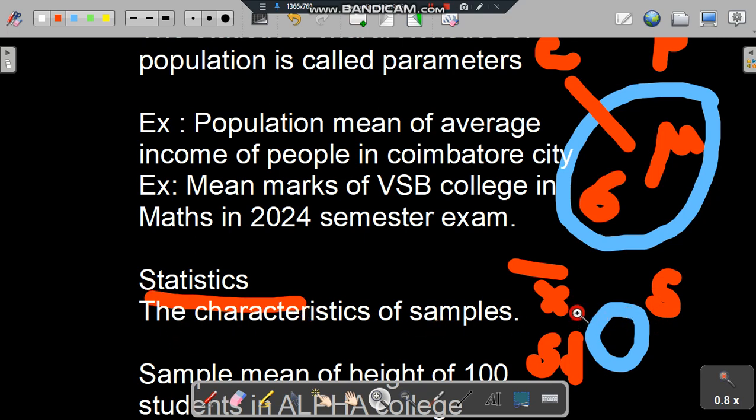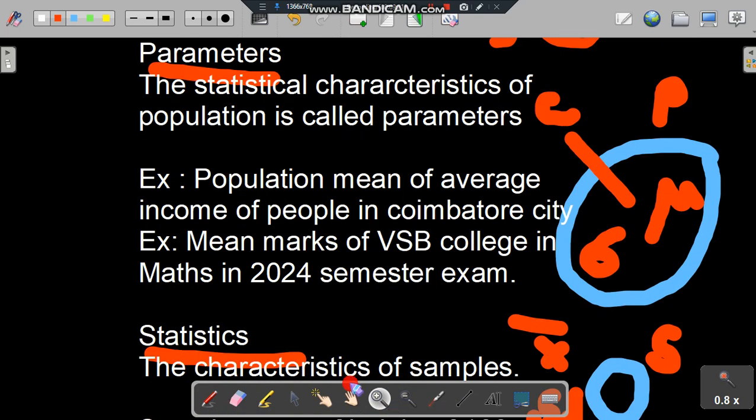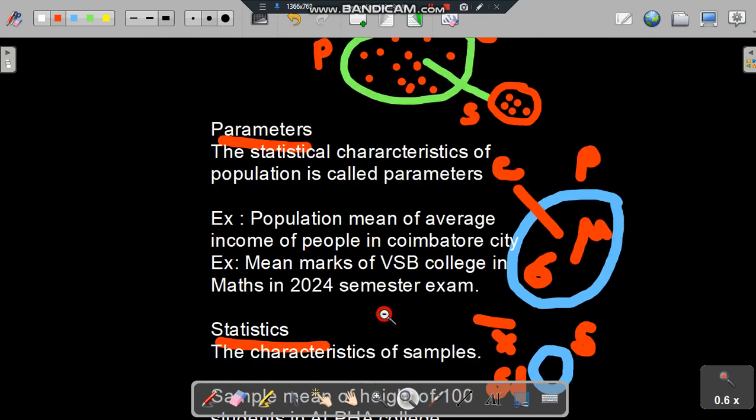Take for example x bar, the mean of the sample, a good example of a statistic. Similarly, the sample standard deviation calculated for a sample is a good example of a statistic. So this is about parameters and statistics.